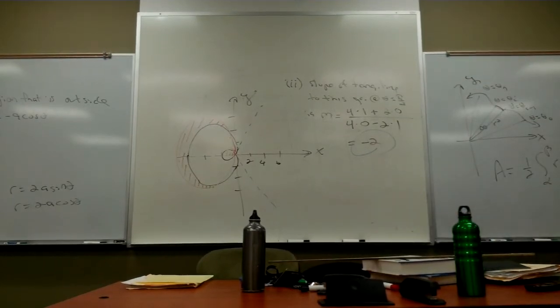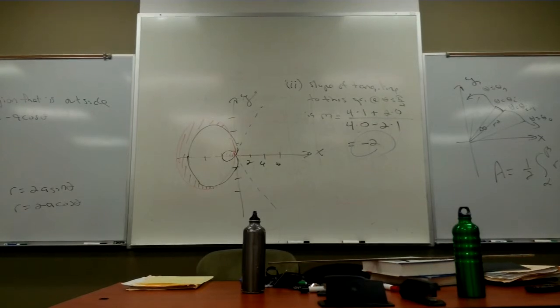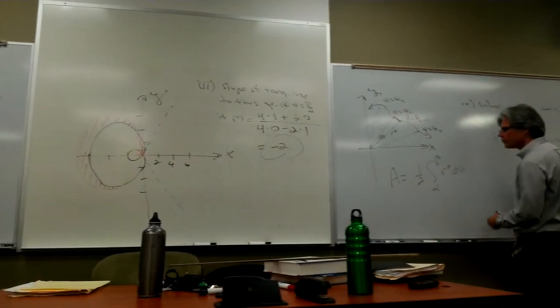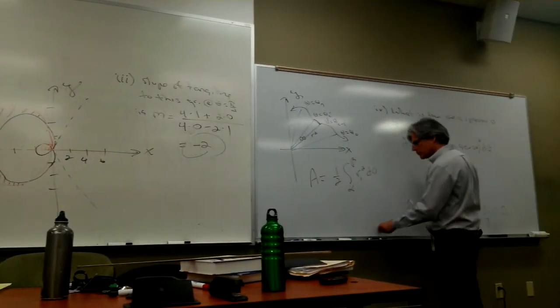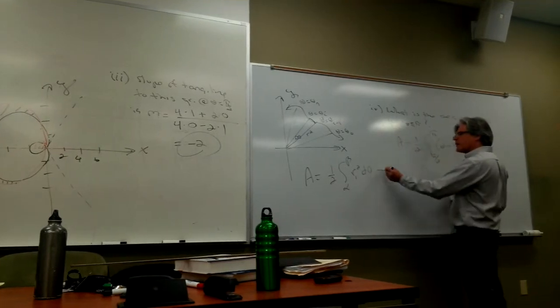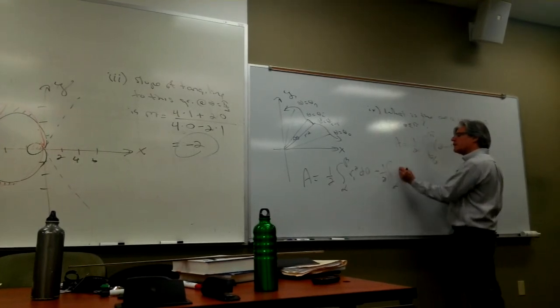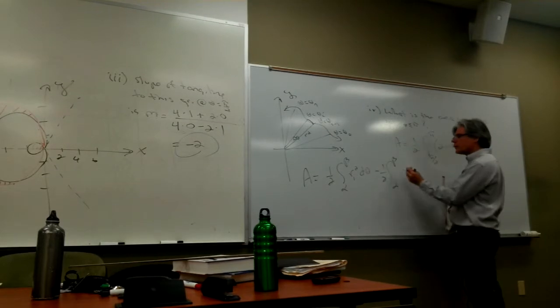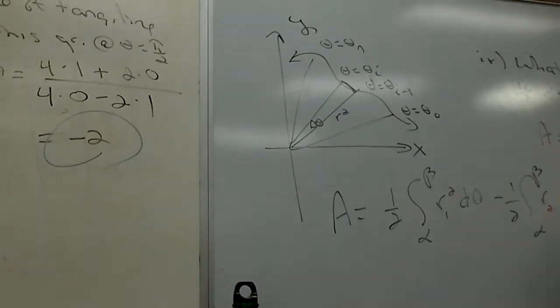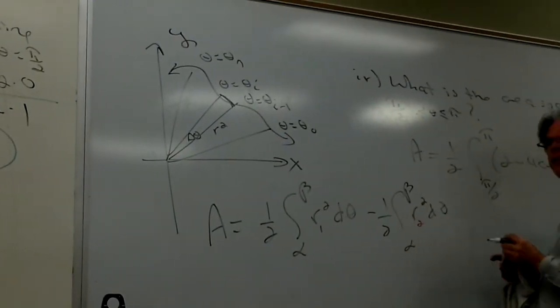Oh, I can't. Shoot. I only talked about the area within some kind of polar graph. I didn't talk about the areas in between. But it's easy. Call it r1, and take away the area from the same values for alpha and beta for the other function r2 of theta. Or how about writing this as a single integral?